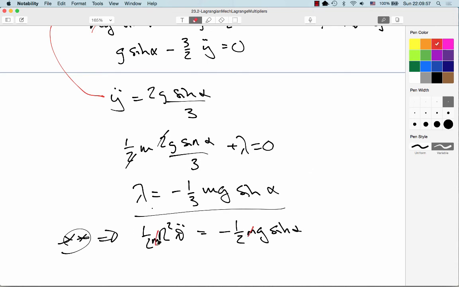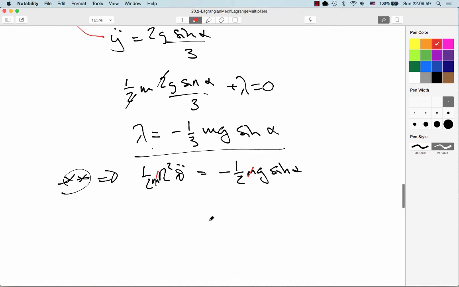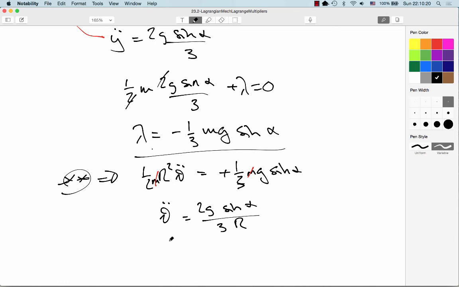Cancel the m's. And so we are left with, oops, I'm sorry, this is 1/3. Oops, and that's plus because we brought it over to the other side. So then we get that theta double dot equals 2g sine alpha over 3r.